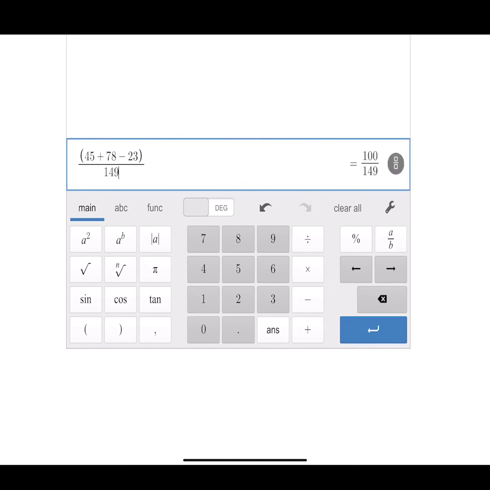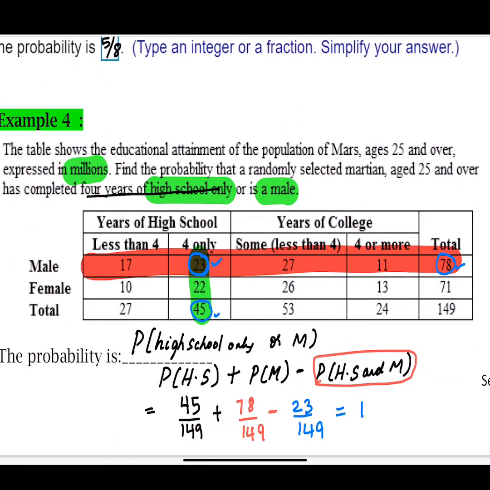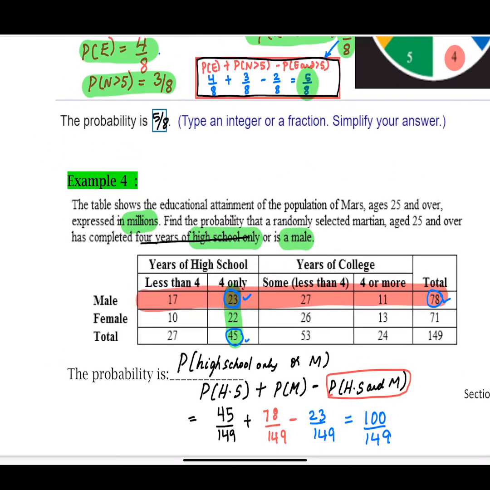You will have your answer in decimal, but you have to change it to a fraction, which is 100 over 149. So your final answer is 100 over 149. You always have to subtract because you're counting the same number twice.